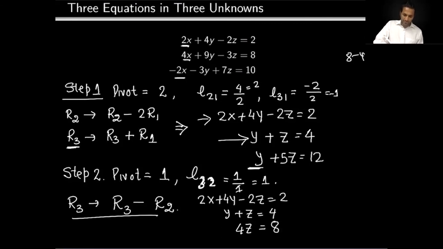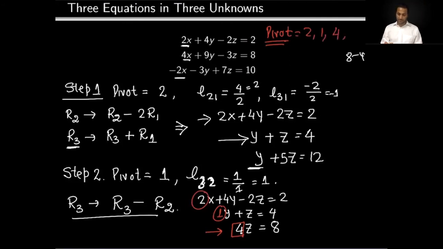And the next pivot is this, the first non-zero entry. So how many pivots do we have? Now the pivots are visible. That's the first pivot, this was another pivot, and this is the last. So my pivots are 2, 1, 4. These are the pivots in the system.